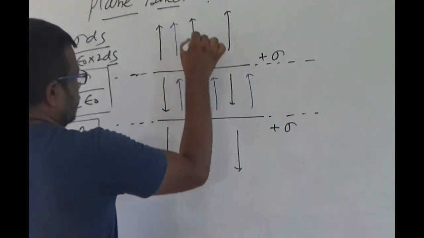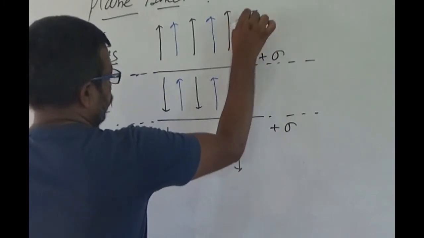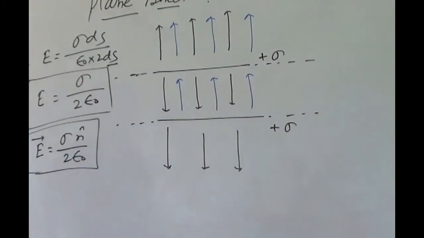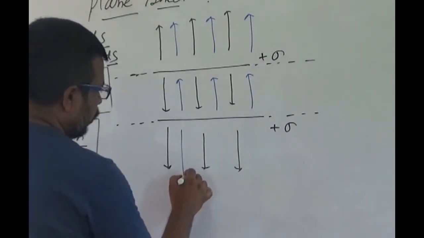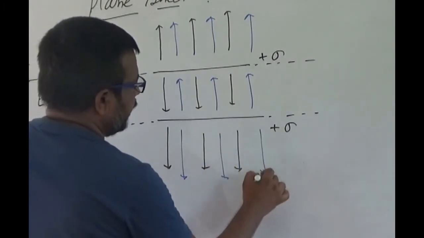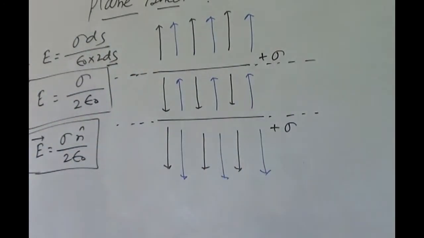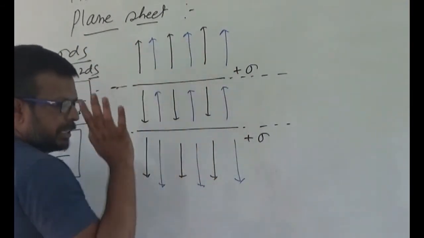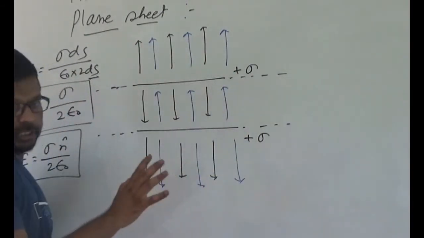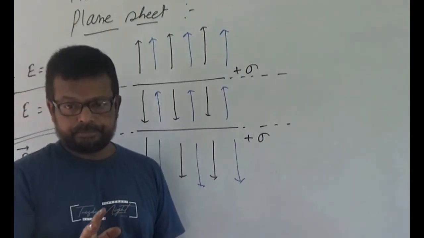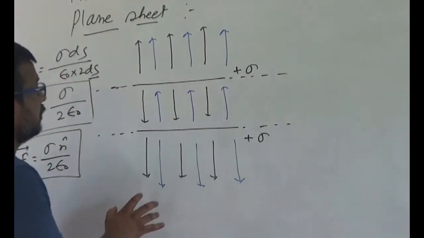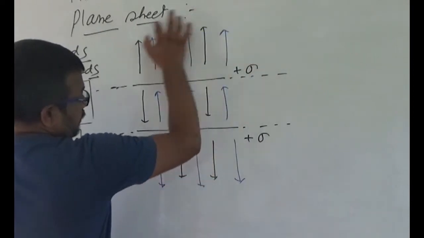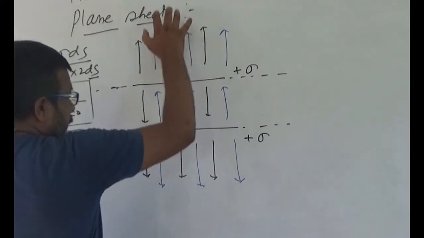These blue lines are the lines of force due to the lower infinite plane sheet. And since both are charged with plus sigma, the field in every region will be the same.